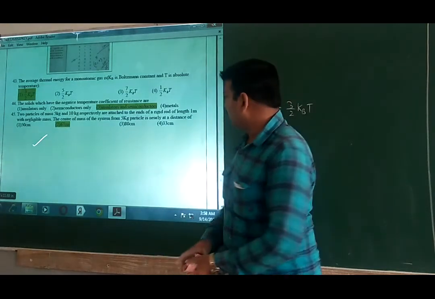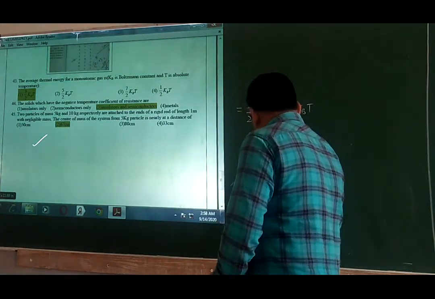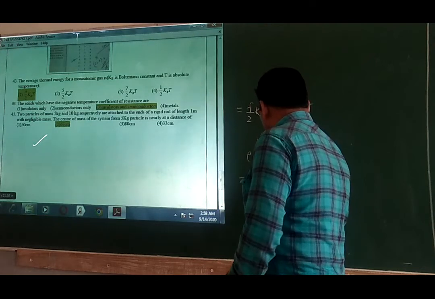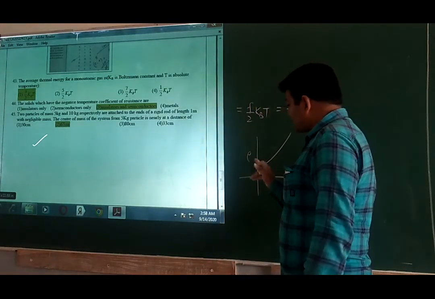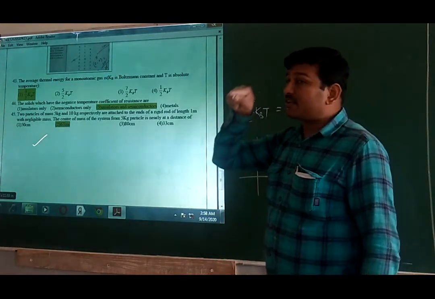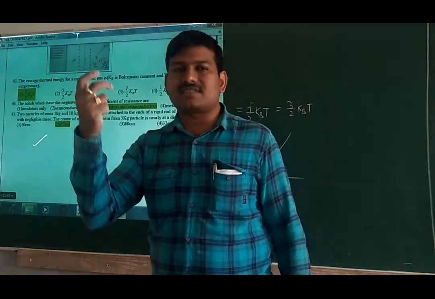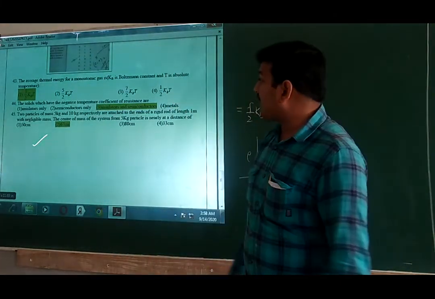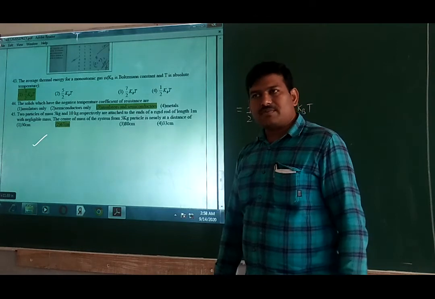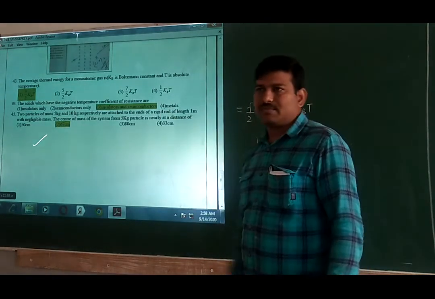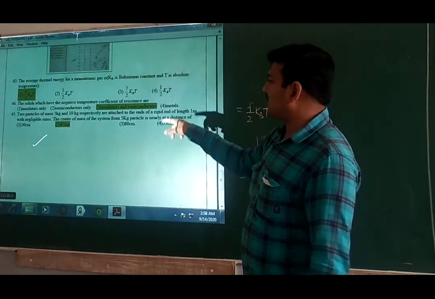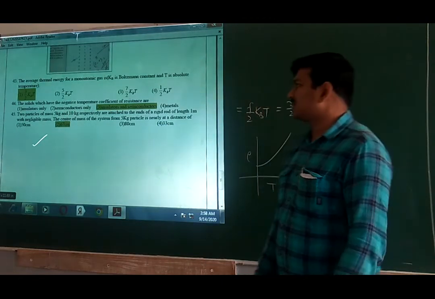For copper, with increase in temperature, resistivity increases. But for semiconductors, with increase in temperature, resistance decreases. Therefore, alpha is negative. Not only for semiconductors, the same thing happens for insulators also. Therefore, the right answer is insulators and semiconductors.